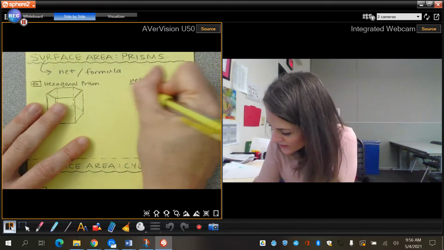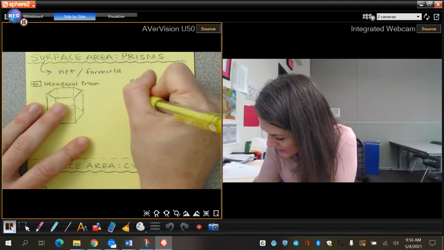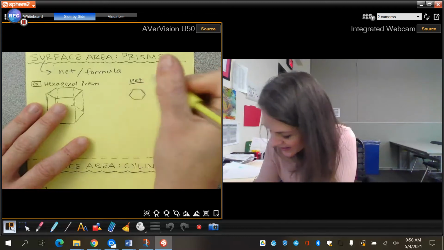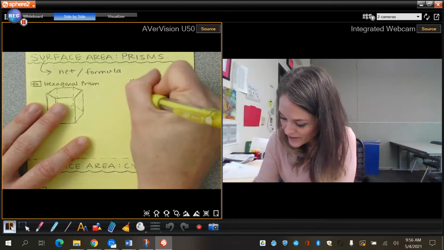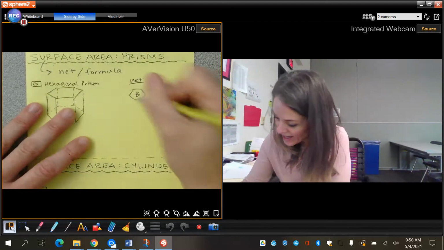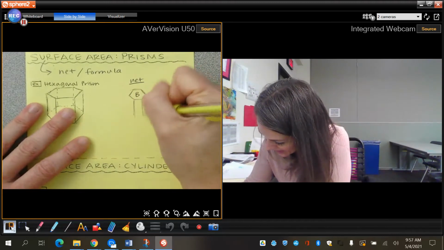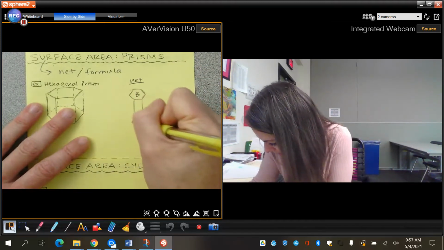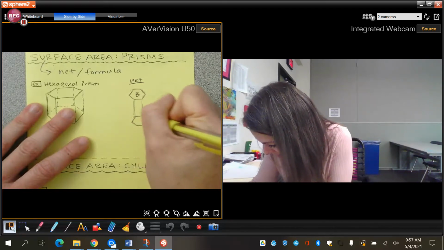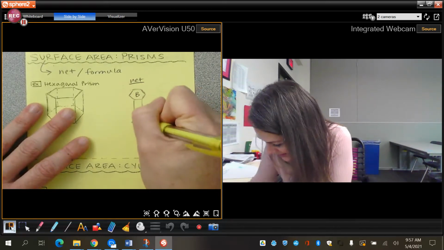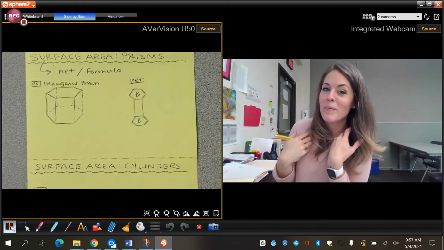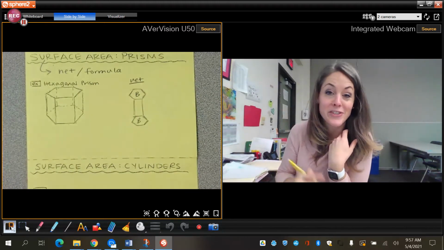So I'm going to try and sketch a regular hexagon. This is a base, so I'm going to label it a base, and I'm going to connect it with rectangles, and then I'm going to mirror that hexagon on the other side, or try to, and label it a base. So I'm knowing for my own personal self that those 2 hexagons should be congruent.